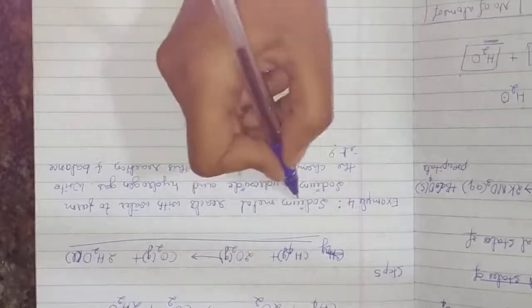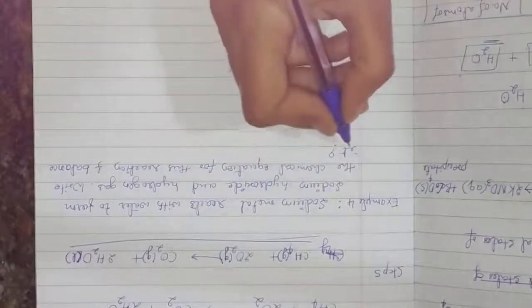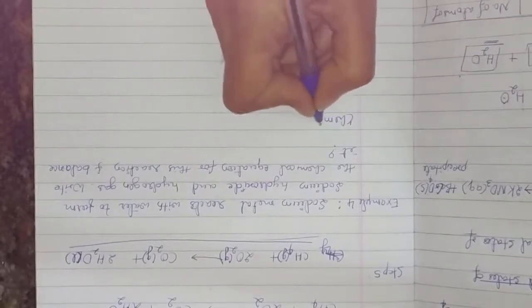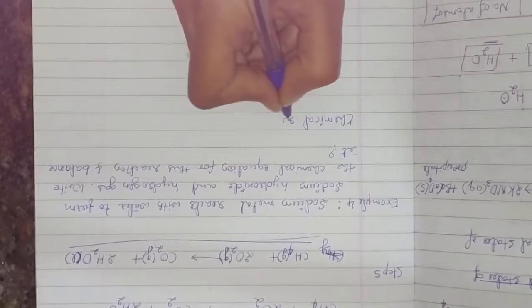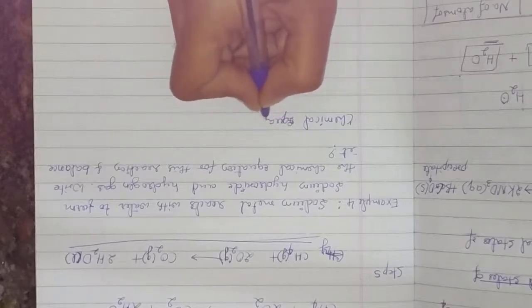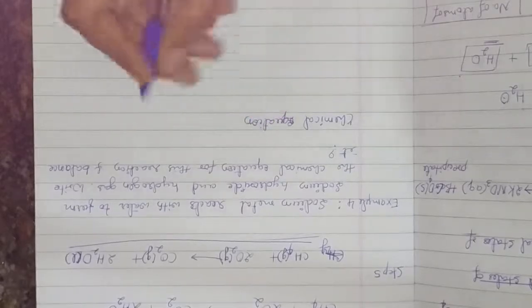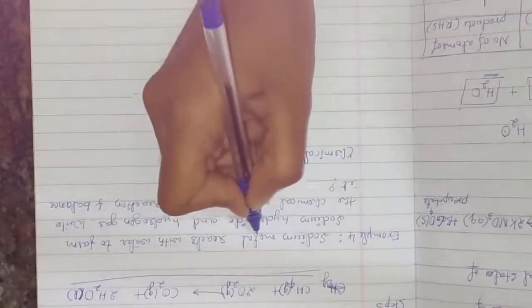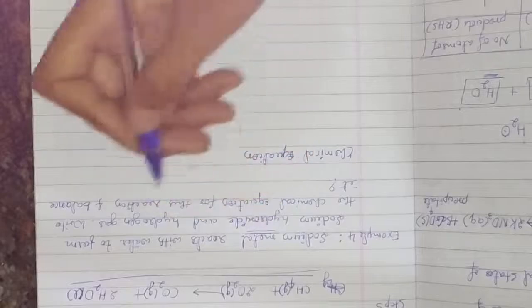So see here, sodium metal. First we will write the chemical equation for this reaction. See here, sodium metal, you know that metals are solids.